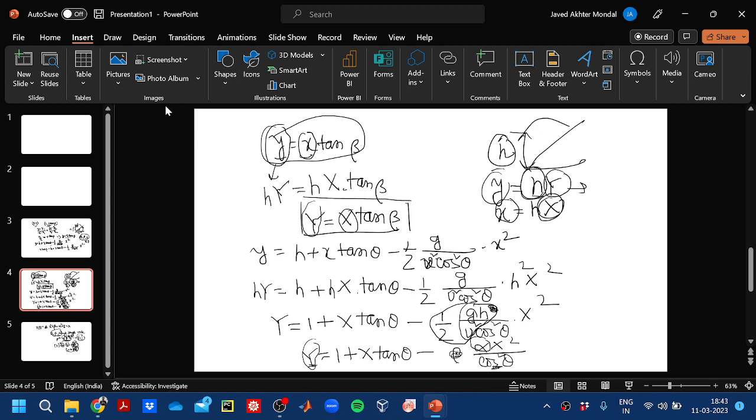So this is the equation that we get by solving the projectile motion problem, and after that we non-dimensionalize them. So these two equations, Y equal to X tan beta and this equation, we can plot them. So let us go ahead.